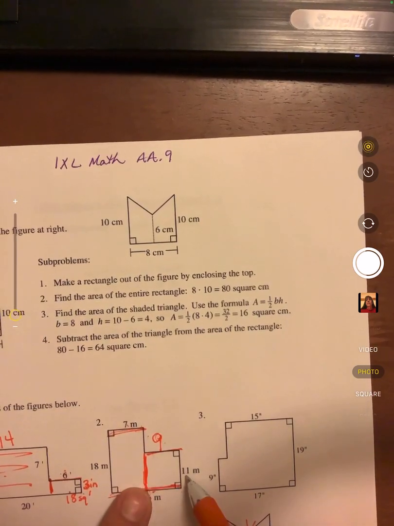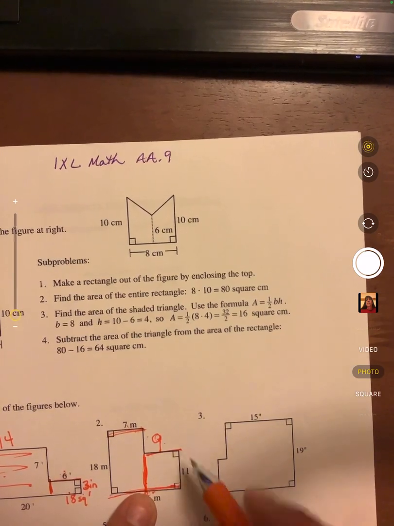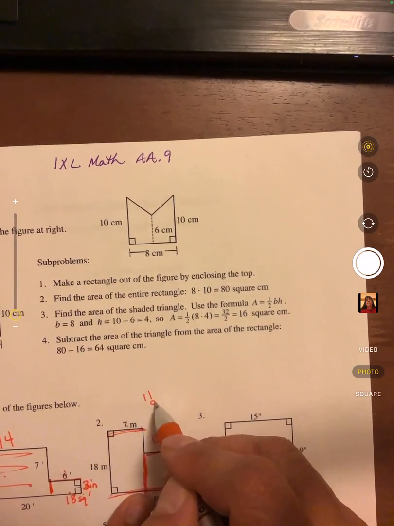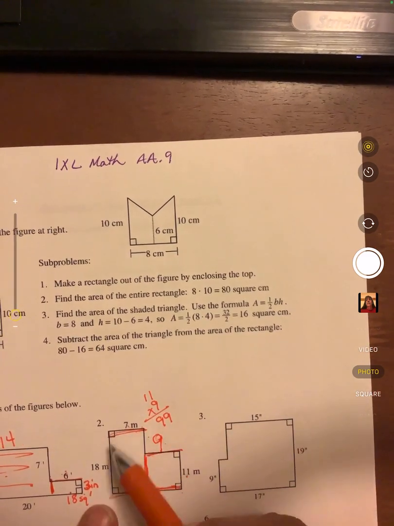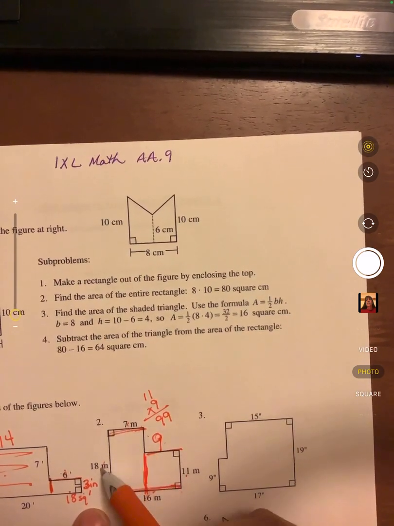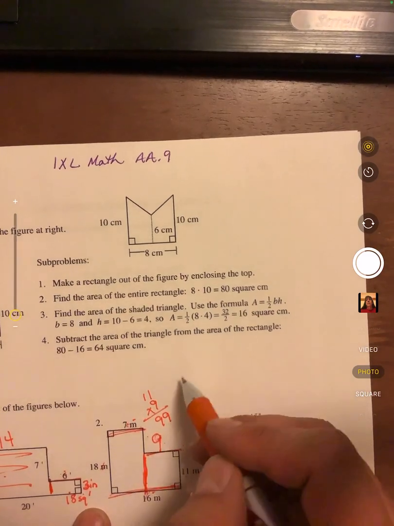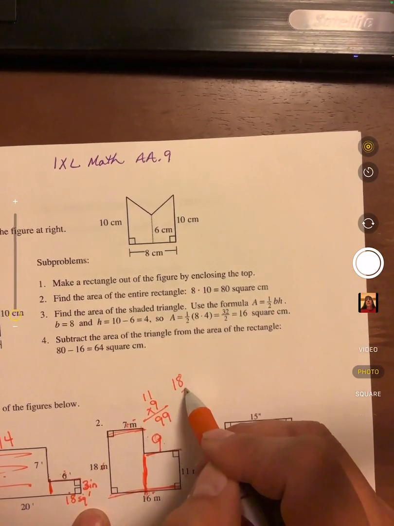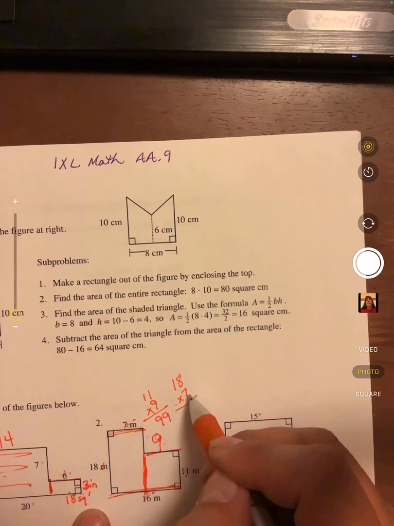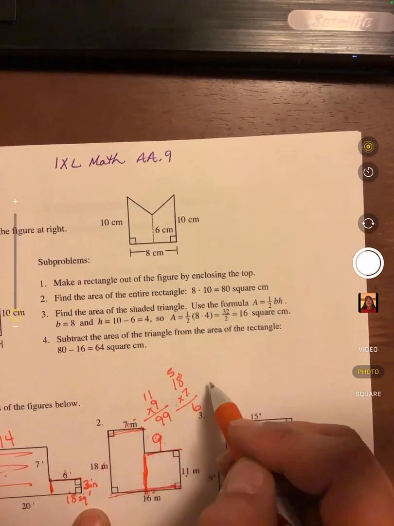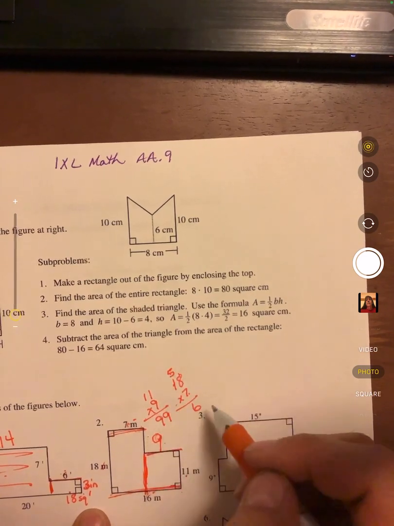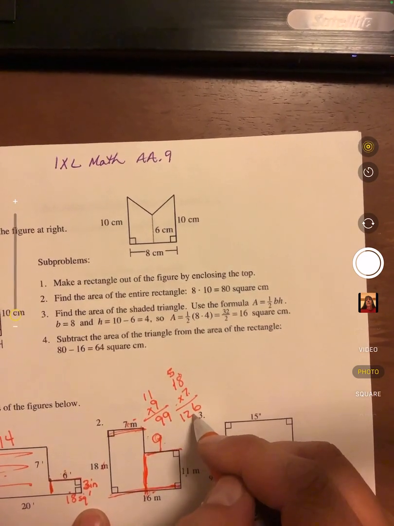So now we have 9 times 11. 11 times 9 is 99. And here we have 18 times 7. 7 times 8 is 56. 7 times 1 plus 5 is 12.